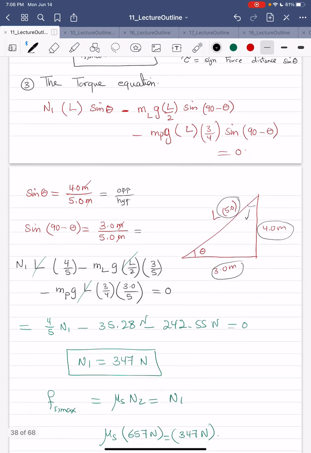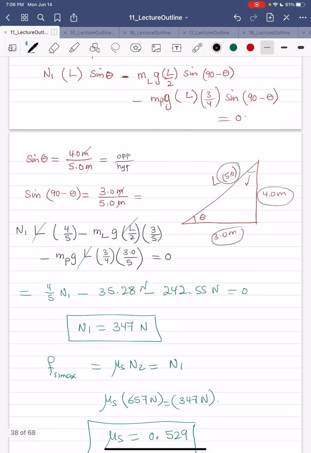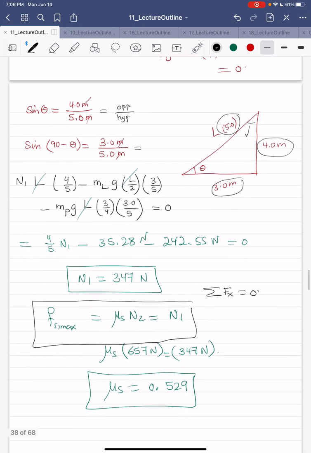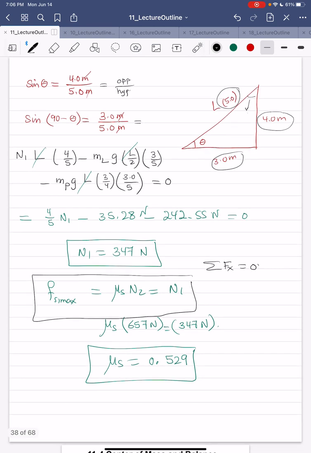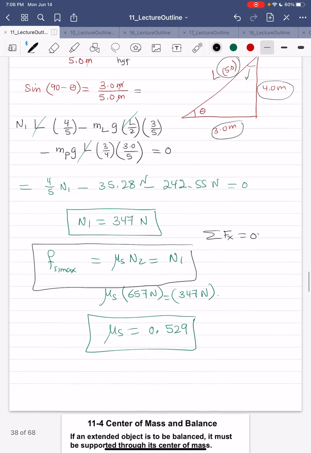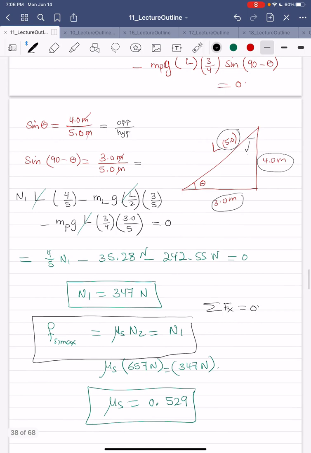I put here my signs, and then I was able to calculate N1 as 347. And then I got my equation from sigma Fx equals 0. And I know Fs maximum is mu_s times N2 and equals N1. From that, I got my mu_s to be 0.529. This is the minimum, after that the ladder is going to slip.